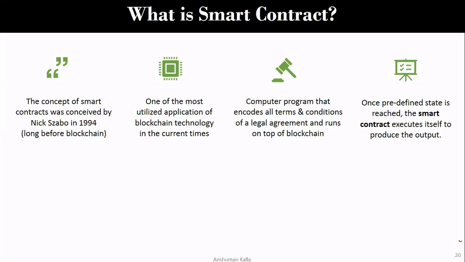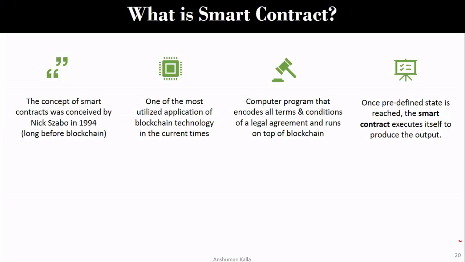In these smart contracts, in these computer programs which are put on the blockchain system, you can predefine certain states, right? And then you deploy these smart contracts on the blockchain system. In future, whenever these conditions are met, these smart contracts are triggered and self-executed.